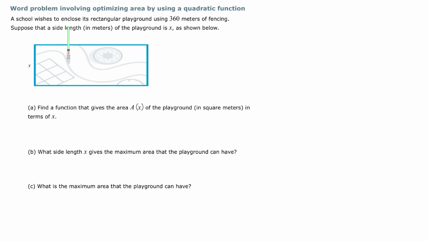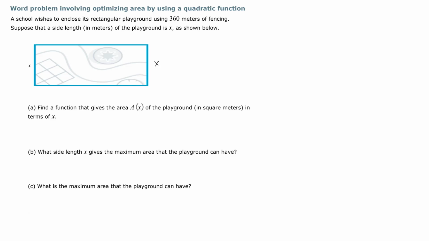A school wishes to enclose its rectangular playground using 360 meters of fencing. Suppose that a side length in meters of the playground is x, as shown below. So the playground is going to be rectangular, and the left side and the right side here are going to be labeled x. So how much fencing is left?